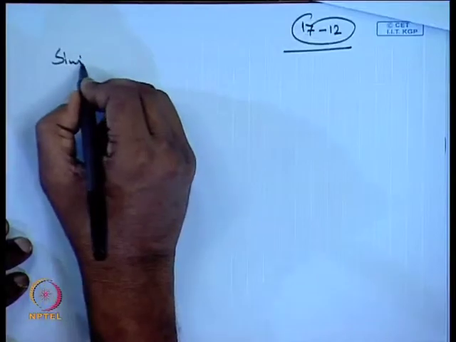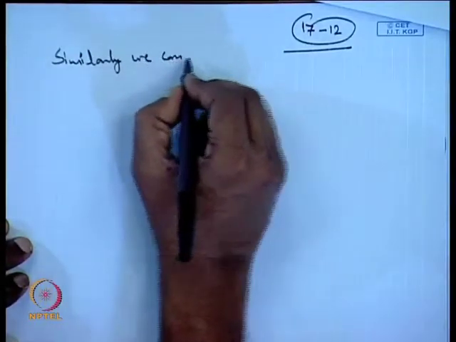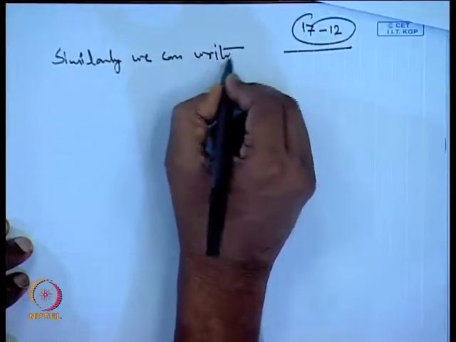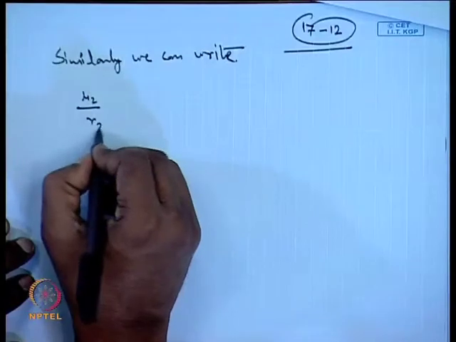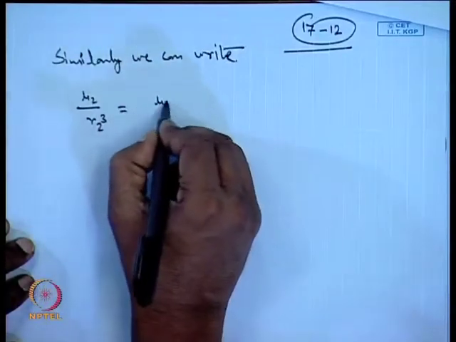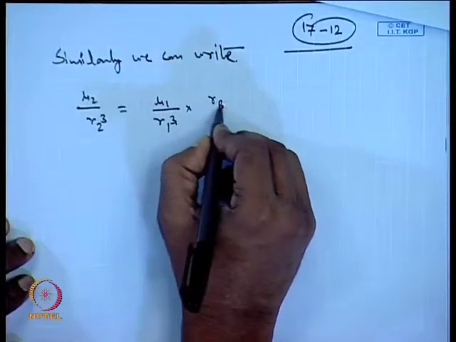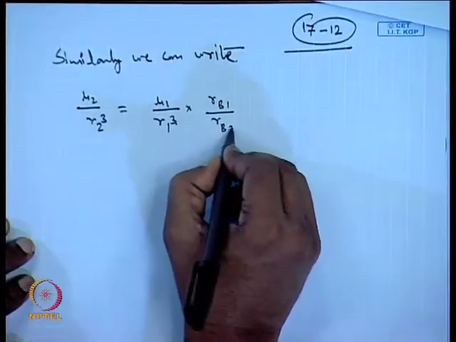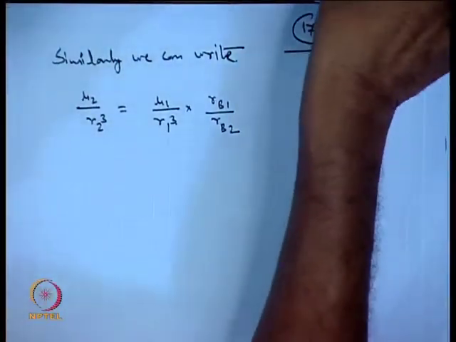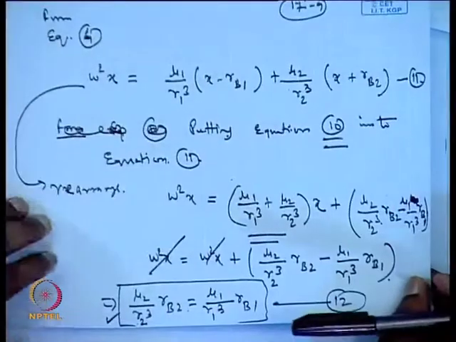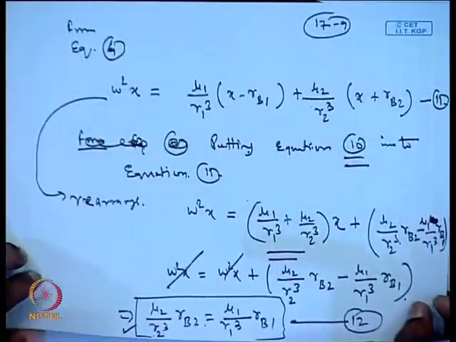Similarly, we can write, okay, this is the result that we got earlier, mu 2 by r 2 cube. This is the result that we had in equation number 12.